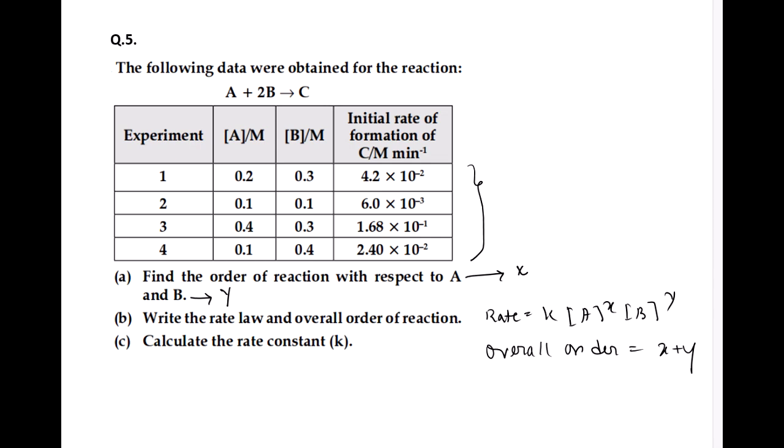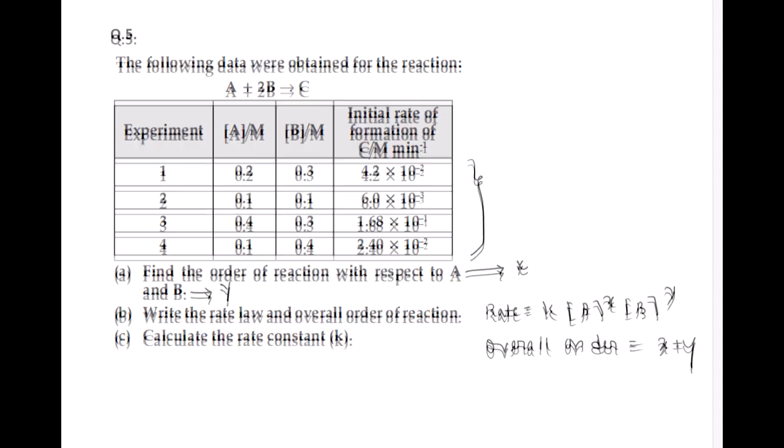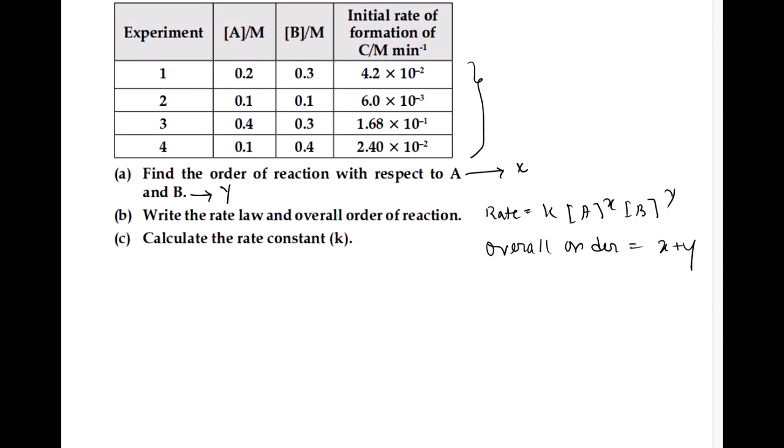Okay, let's start. First, we have changed the concentration of A from 0.2 to 0.1. Let's take any two values where we have kept the concentration of A fixed. Here this value 0.1 and this value 0.1, serial number 2 and serial number 4, take the same concentration of A, whereas the concentration of B is varying.